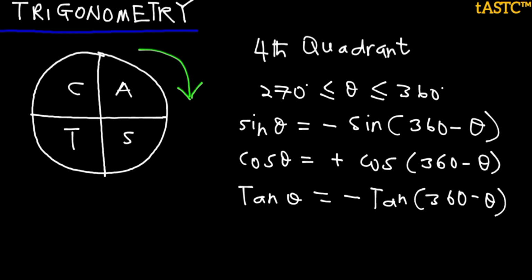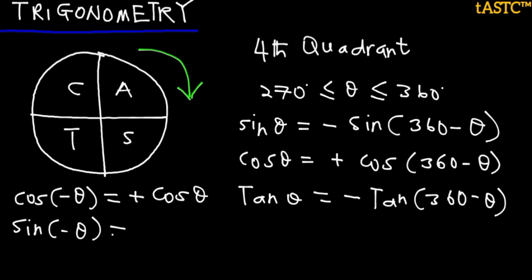Now, before we move on to solve some questions under this part, you just need to know that there are functions which are going to be odd, and there are others which are even. Cosine functions are always even. So if I have the cosine of a negative angle, the answer is going to be a positive cosine of that angle. But if I had a sine of a negative angle, the answer will be the negative of the sine of the angle.